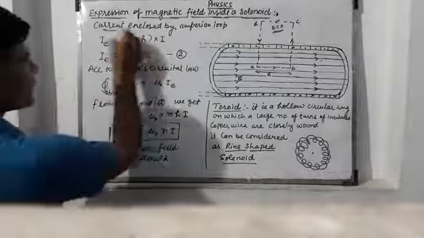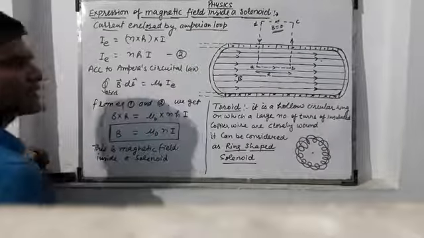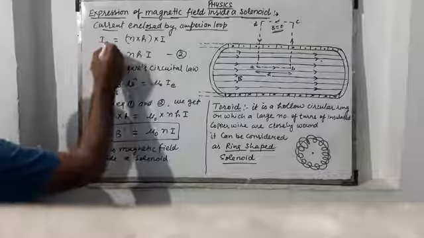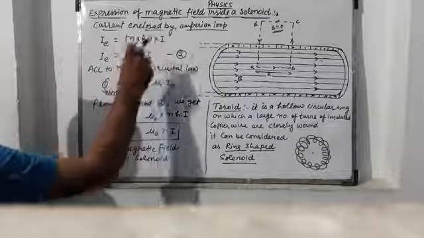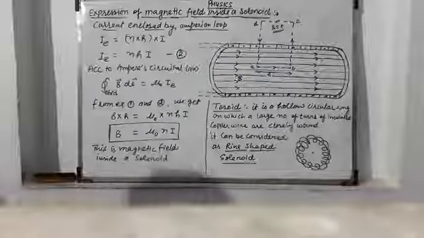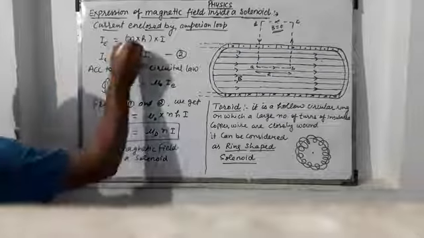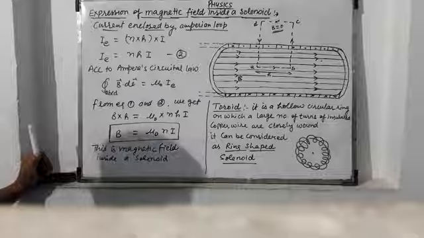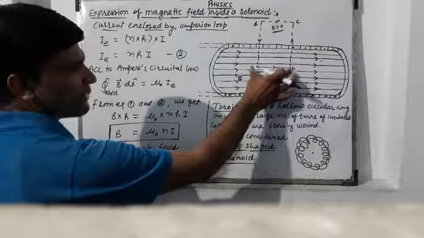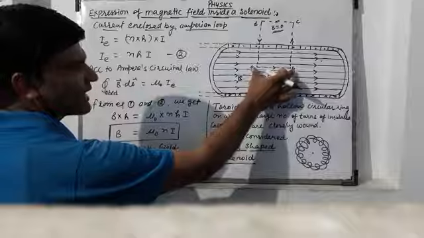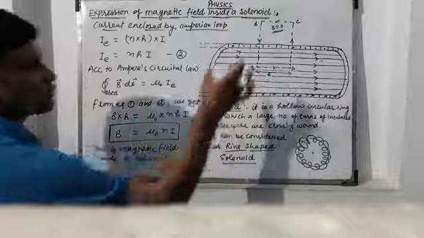The current enclosed by the Amperian loop, that is Iₑ, is equal to n h I. This is because we have small n turns per unit length, and the length of the Amperian loop from A to B is h.